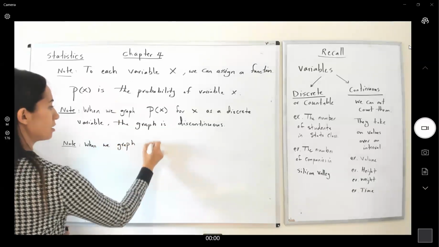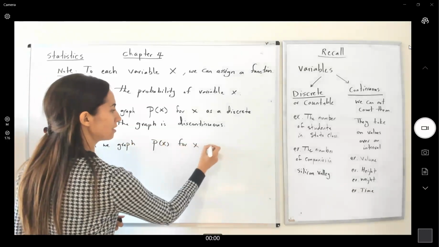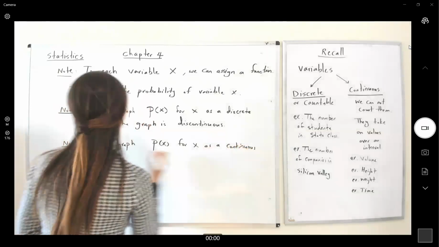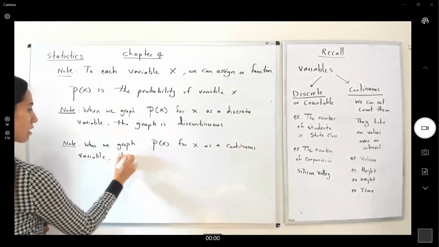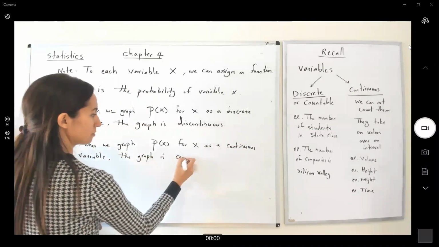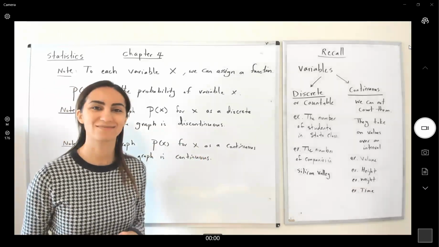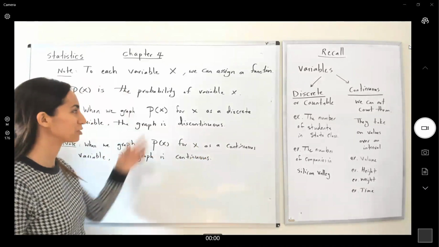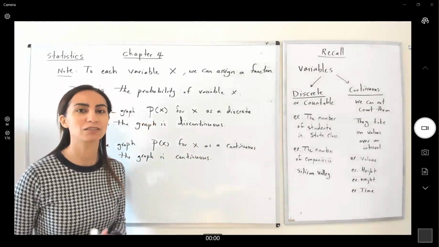When we graph probability of x for x as a continuous variable, the graph is continuous.